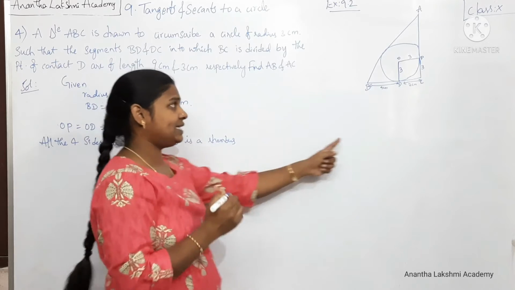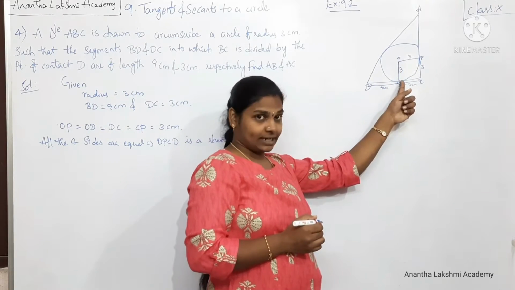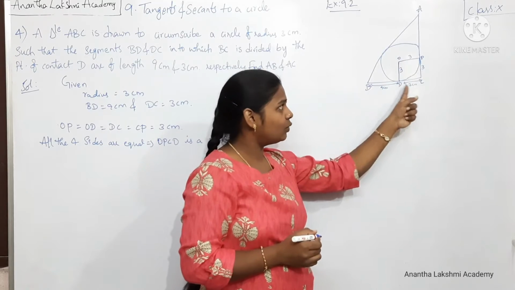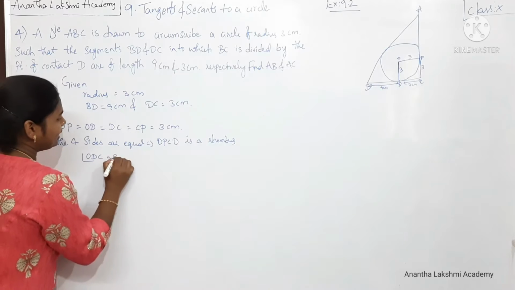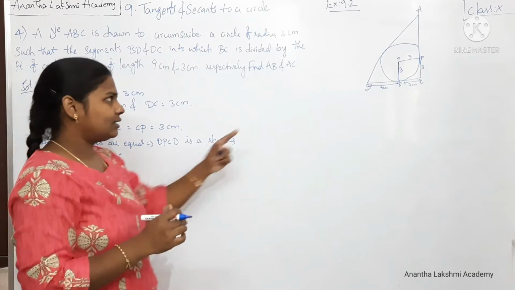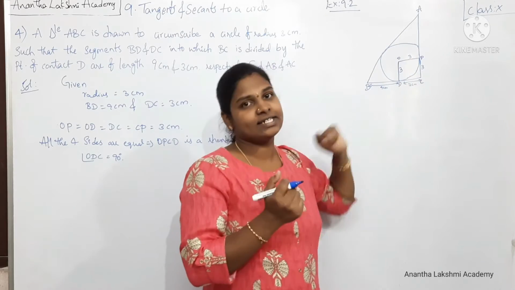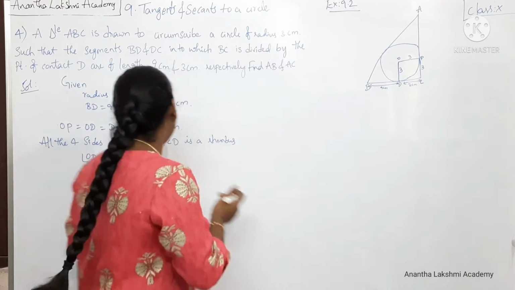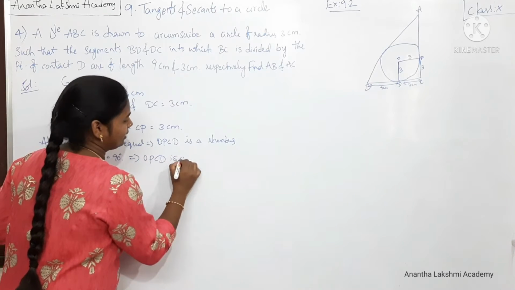The angle between the radius and the tangent at the point of contact is 90 degrees, which is angle ODC. Angle ODC is equal to 90 degrees. When you know that it is a rhombus and one of the angles is 90 degrees, that becomes a square, which implies OPCD is a square.